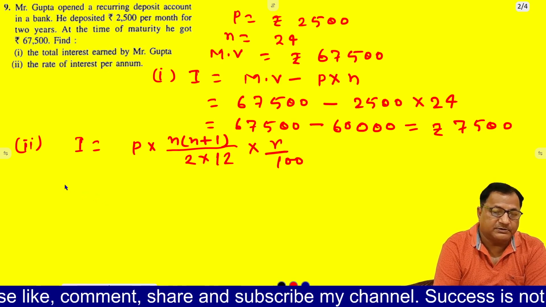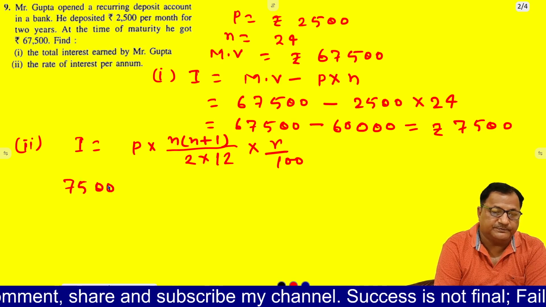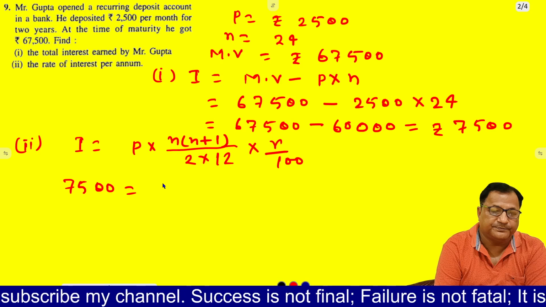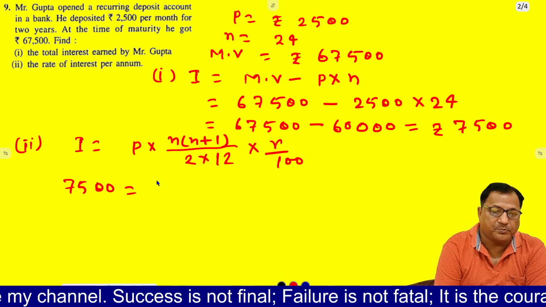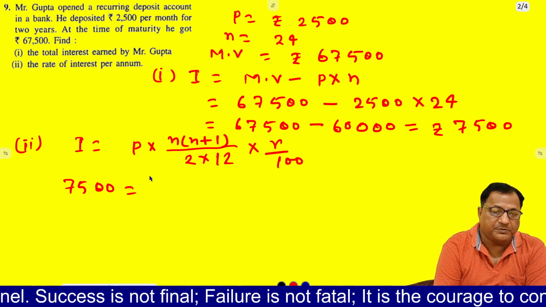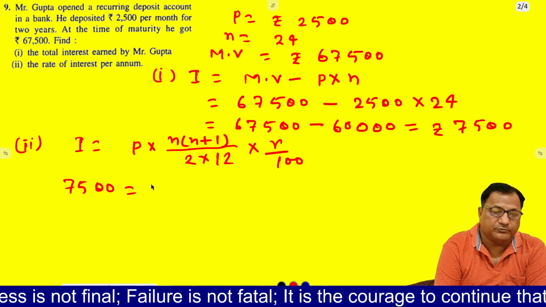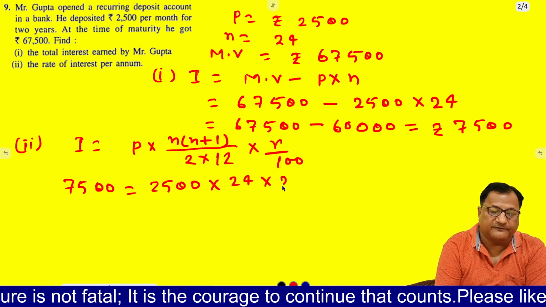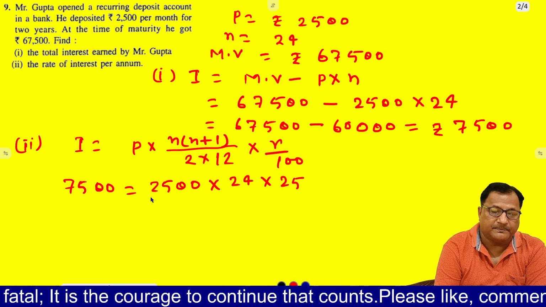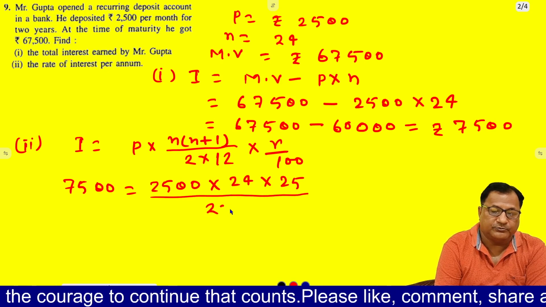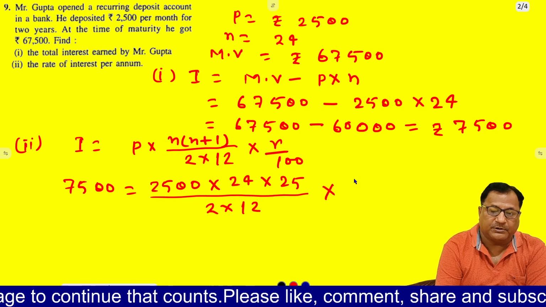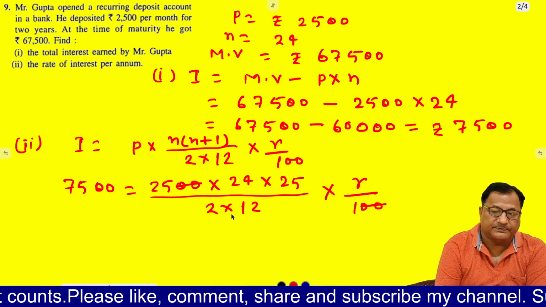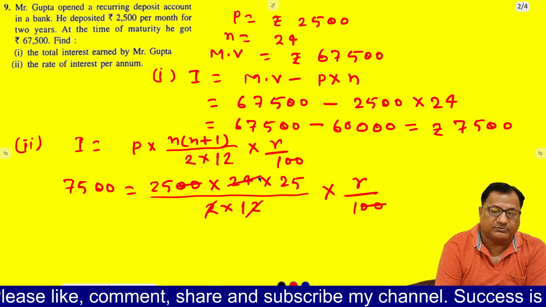So I we have got 7,500 is equal to P, P is 2,500 into 24 into 25 divided by 2 into 12 into R by 100. This 0 will cut, 2, 12 and 24 will cut.